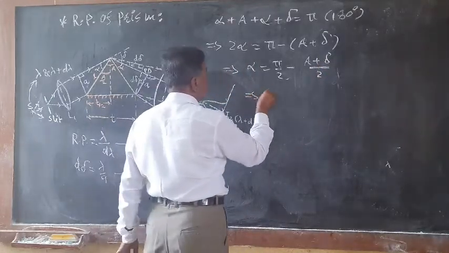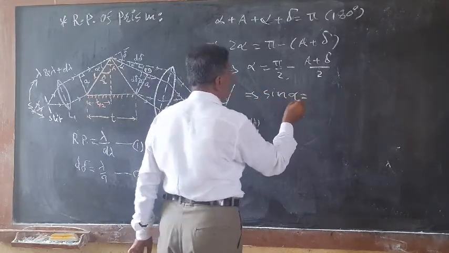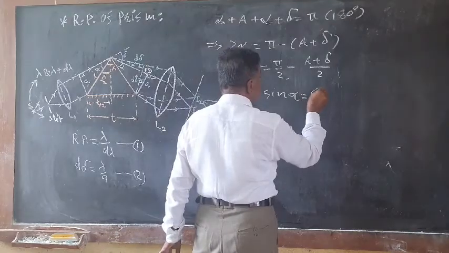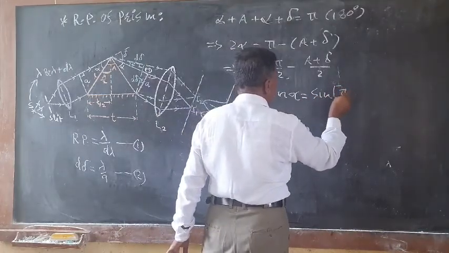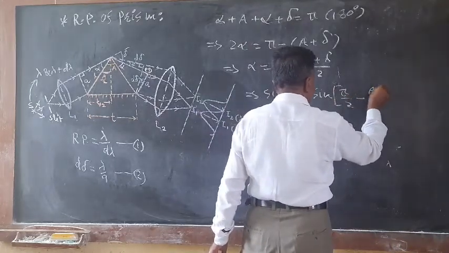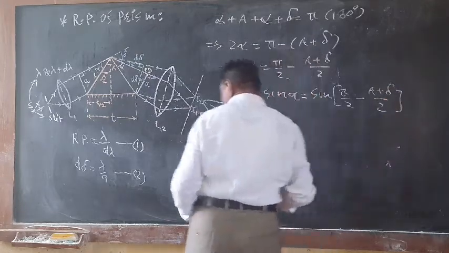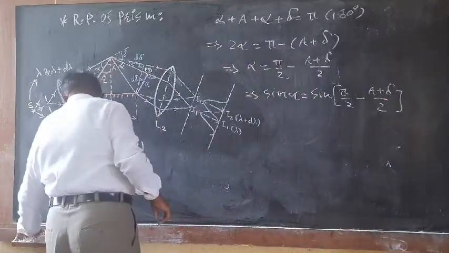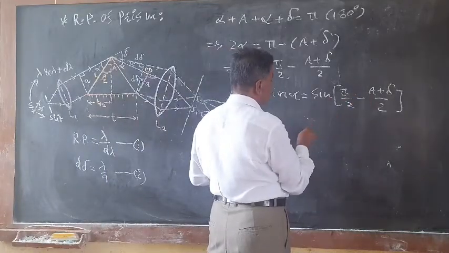So sin alpha will be equal to sin of pi by 2 minus (A plus delta) divided by 2. We are getting it like this. But sin of pi by 2 minus theta is cos theta.